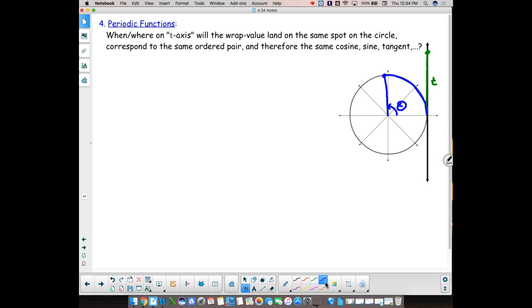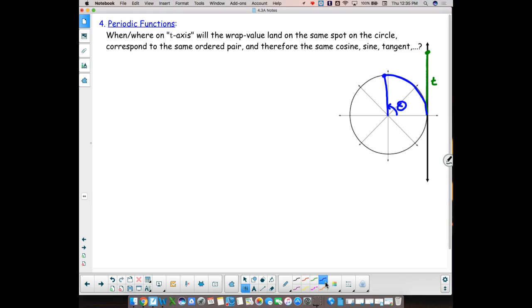What's the distance that I have to go again to get those all 6 to be exactly the same? Not just 1, not just 2, but all 6. What would I have to do to my t value? You can probably increase it by 2 pi.